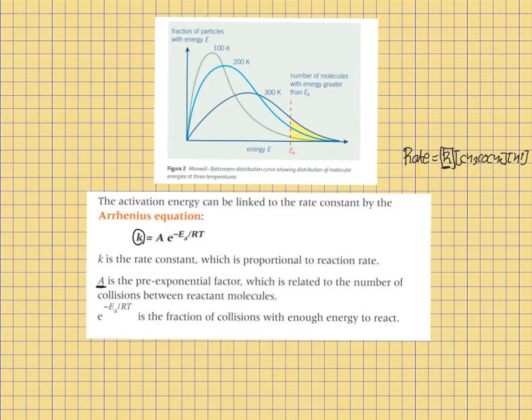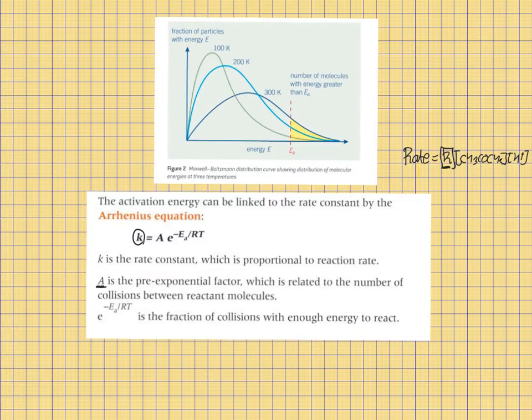A is something called the pre-exponential factor, and this is related to the number of collisions between reactant molecules. And we know from GCSE that if you increase the temperature, the frequency of these collisions increases.